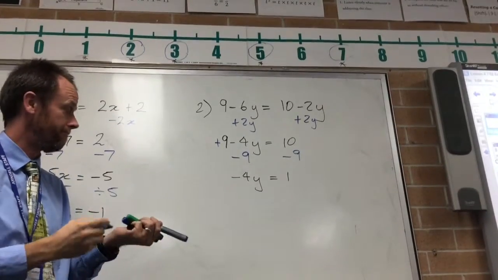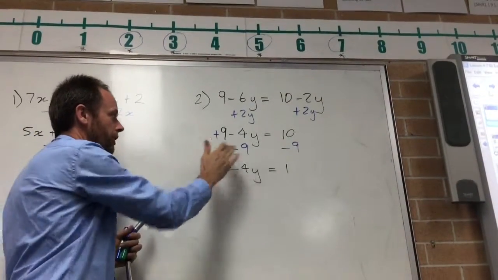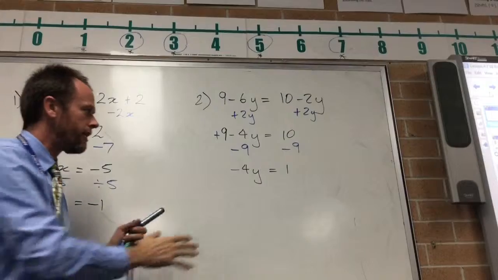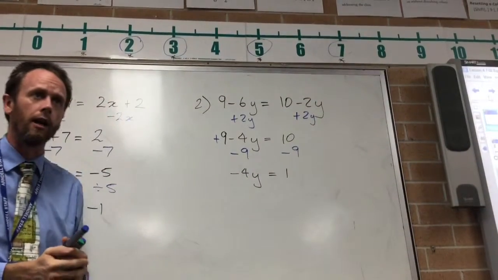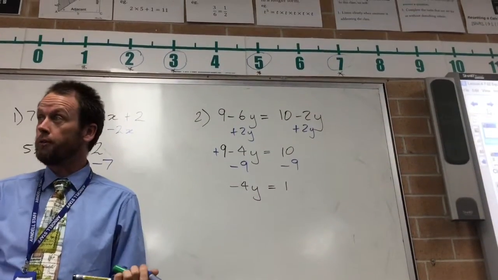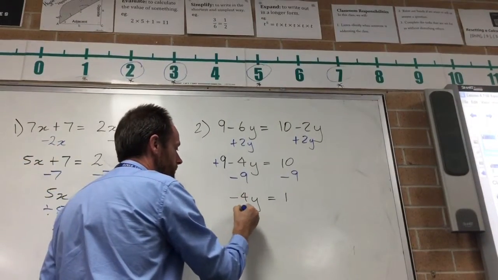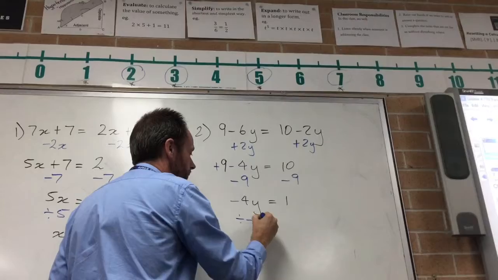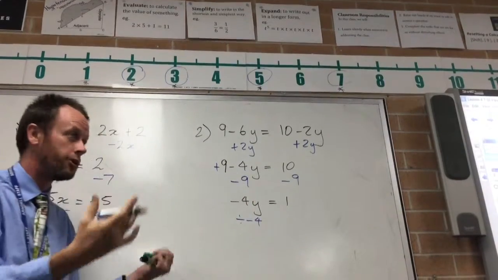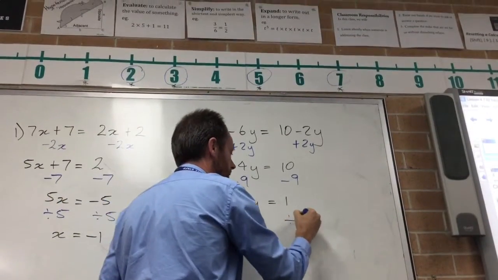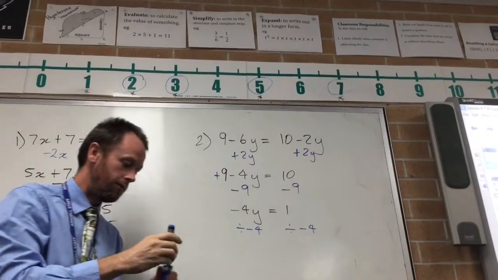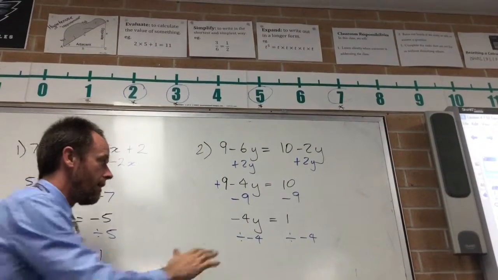10 minus 9. Remember the plus 9 minus 9 cancels out. Now yes, I've got minus 4 over here. I want to get to positive y. The easiest way to do that, divide by negative 4. So just take that whole number, divide by it. But remember, keep it balanced. I divide by negative 4 on both sides.